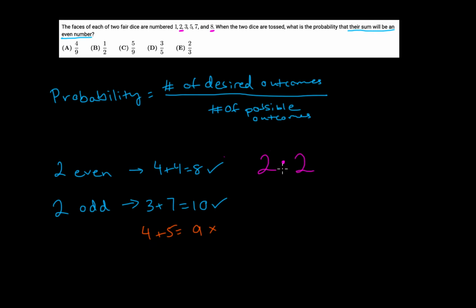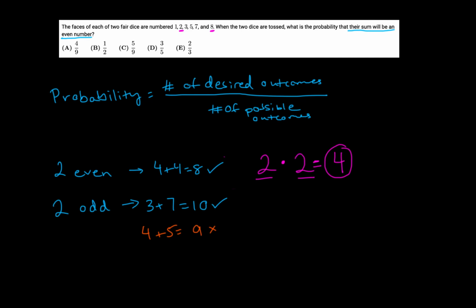You multiply them because you have to get one of this and one of this, you have to get both of them even. It's not this or that. So you multiply those and you get 4. So 4 is the total number of possible outcomes for getting two even.